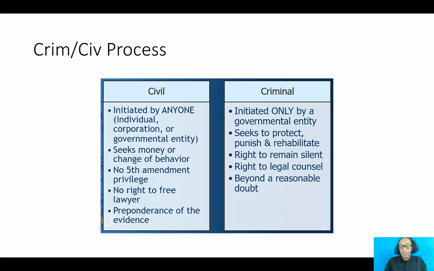It's a very, very high standard, and it is up to the prosecution to prove that case. The defendant doesn't have to do anything because under the Due Process Clause of the 14th and 15th Amendment, the defendant doesn't have to prove his or her innocence. In a criminal case, it is up to the government to prove that they have committed the crime.